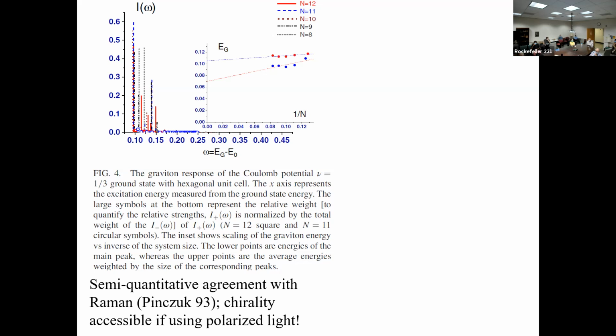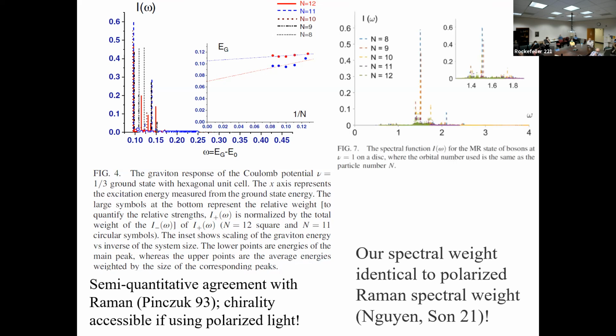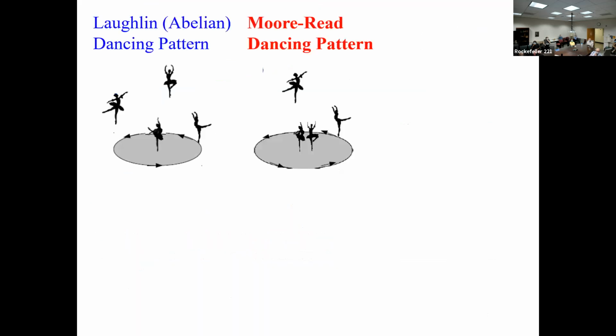But the existing experiment didn't do that, but at least you get the energetics, and the energetics seems to agree reasonably well with the existing experiment. And for the Moore-Read state, we also, just like Laughlin state, have -2 polarization, but not +2. Okay, so this was published in this 2019 paper.